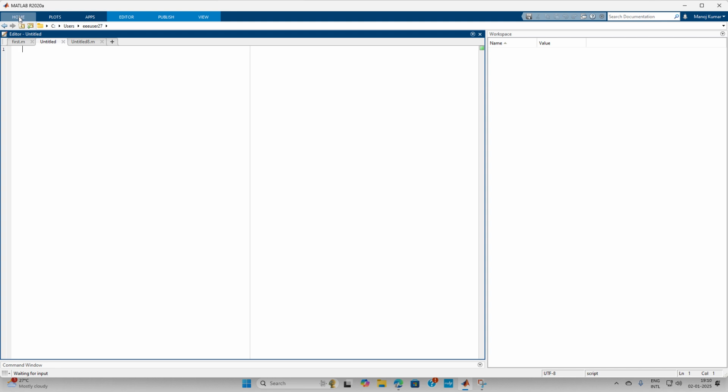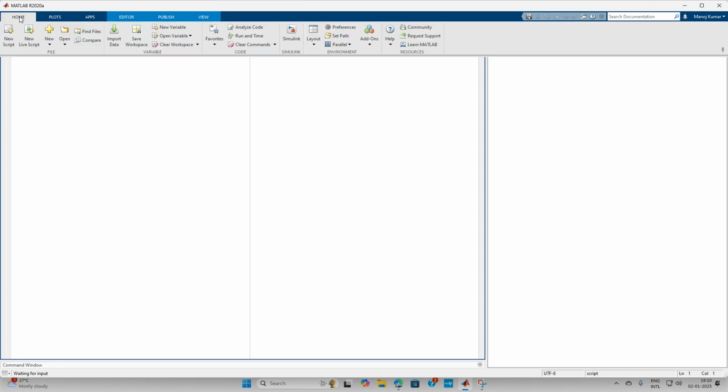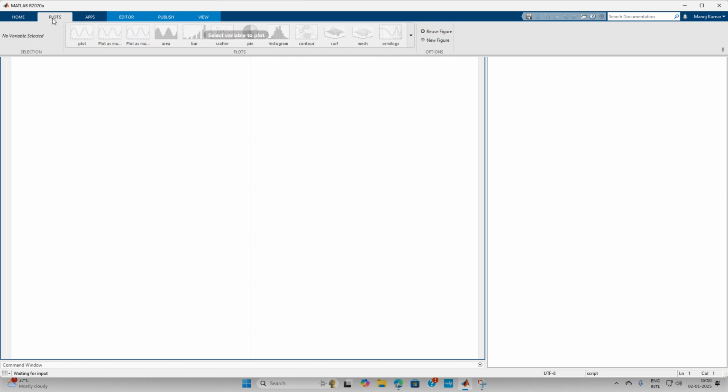First one, home. When you click home, these are the subdivisional options of the home page, like new script, new live script, new pages, open, import data, workspace. Next, plot. Here we type different categories of programs or Simulink material, and we can get waveforms from this plot.